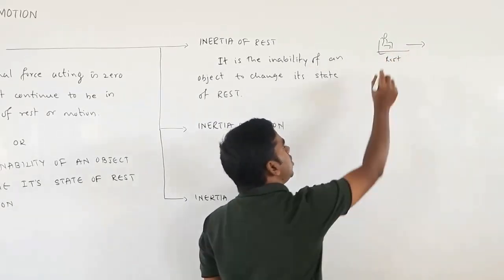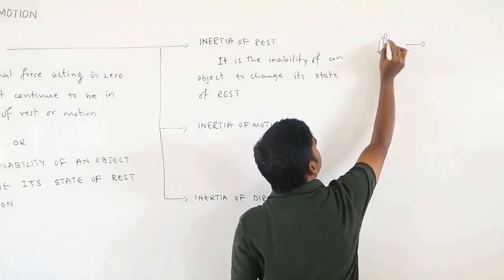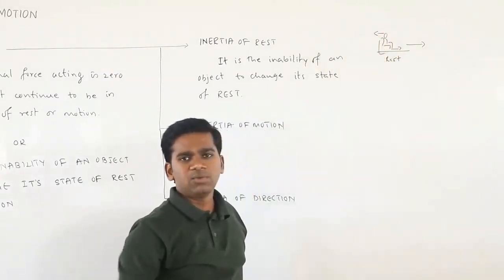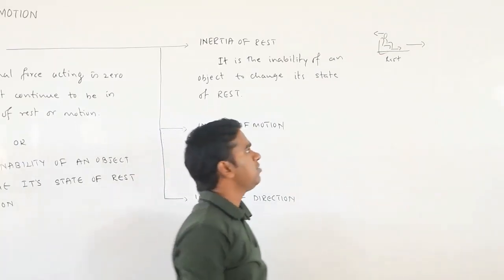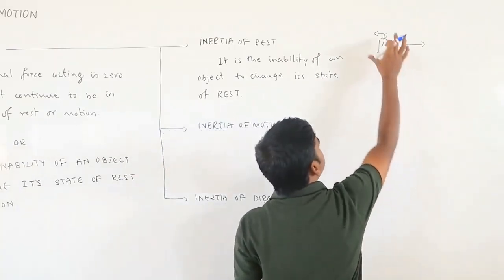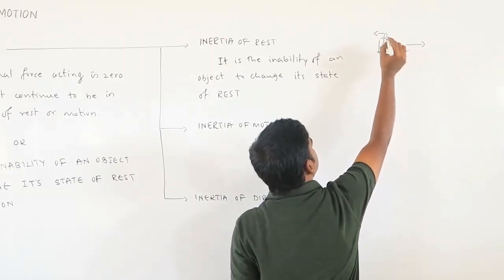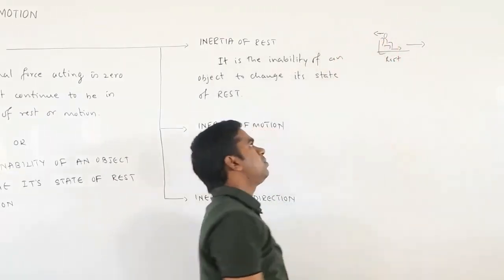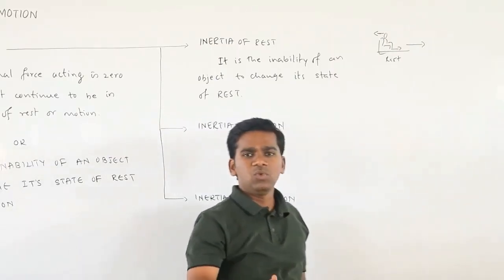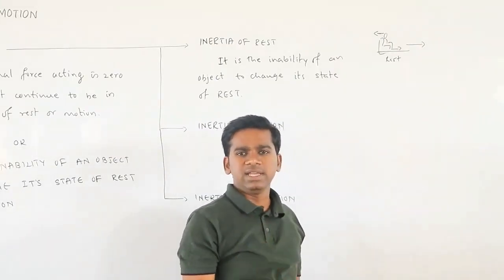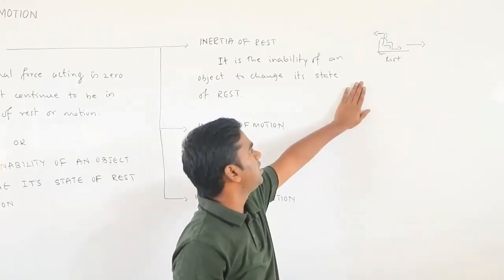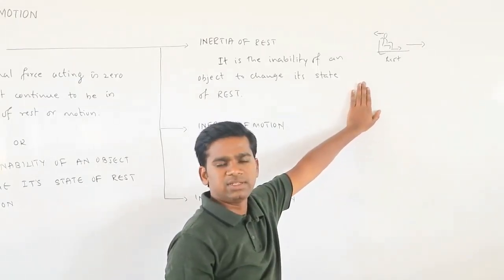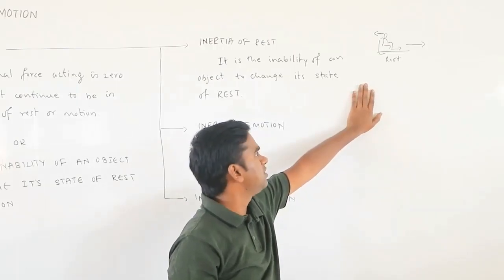The lower part starts moving, but the upper part wants to be at rest only. So when the bus suddenly starts moving, the passenger moves in the backward direction. Actually he is not moving, his body wants to remain in the state of rest. So that is what we call the inertia of rest. Okay, so that is the best example for inertia of rest.